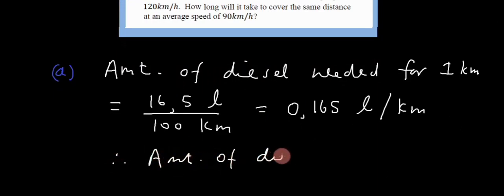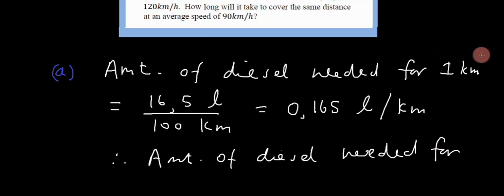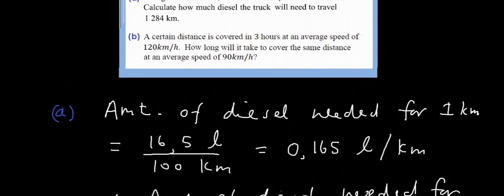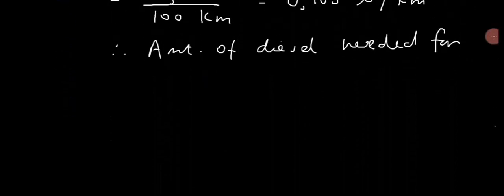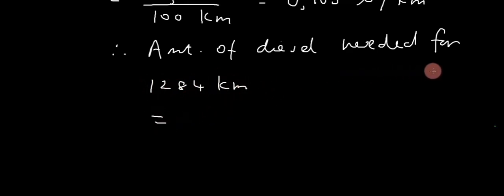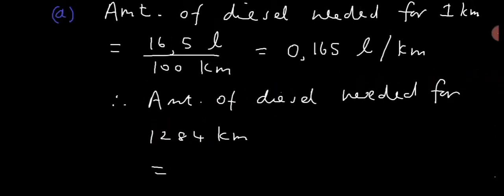So amount of diesel needed for, we said, 1284 kilometers. So this will equal the amount needed for 1 kilometer multiplied by the number of kilometers.